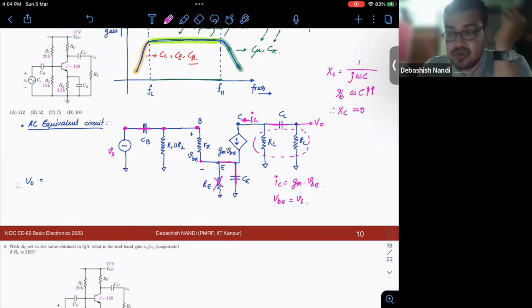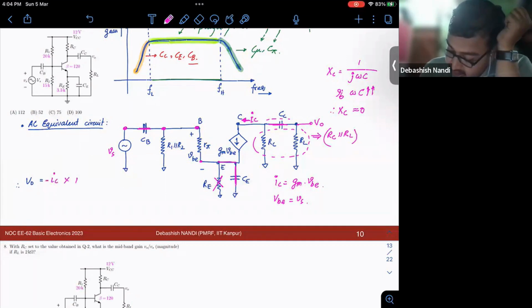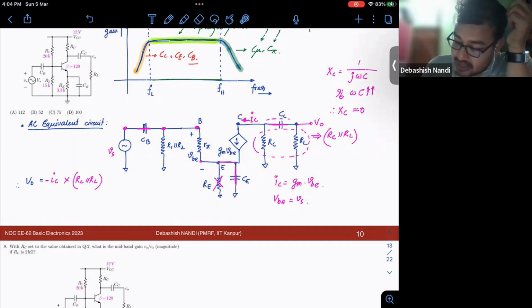And what about your VO? Your VO is nothing but minus IC into RC parallel RL. Why is it minus? Because current is flowing out of this contraption.